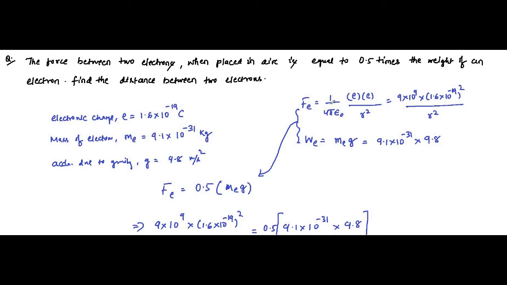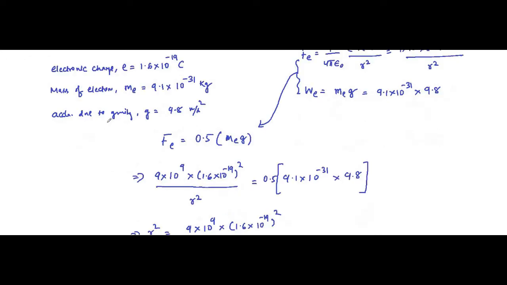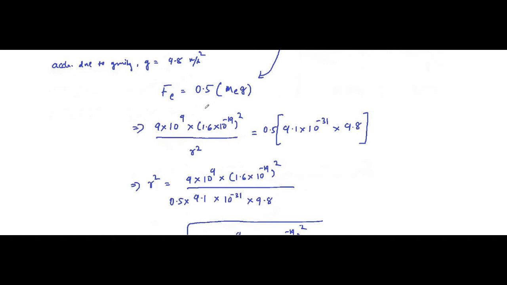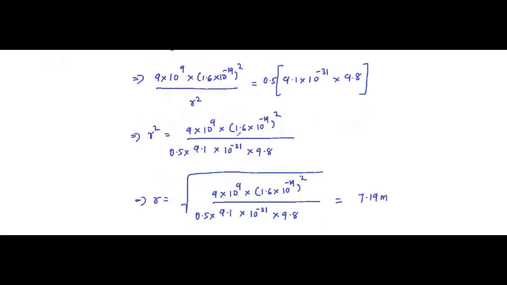Simple application of Coulomb's law, and whether you remember the value of these constant parameters, mass of electron, charge on electron, acceleration due to gravity, and all that. And another thing, like I just missed this 0.5 part here. I forgot to multiply this 0.5. Don't make that mistake.